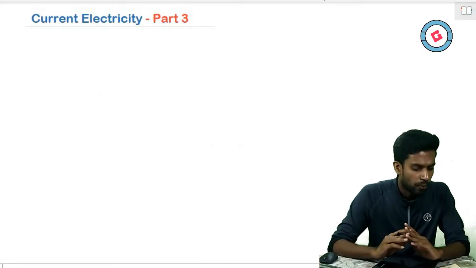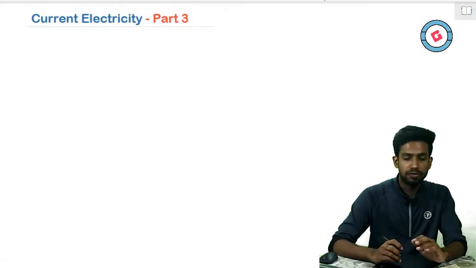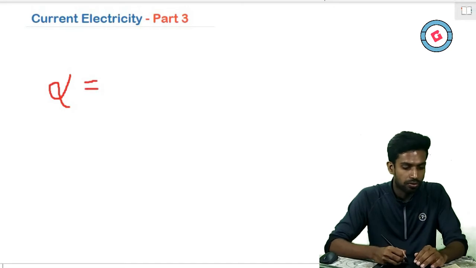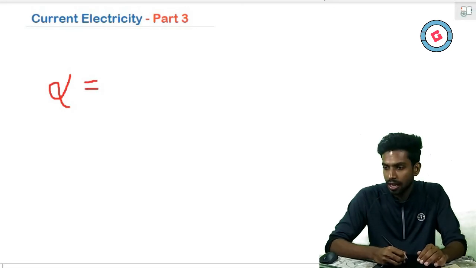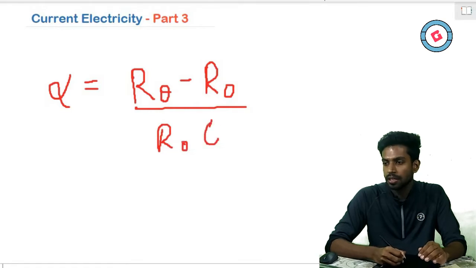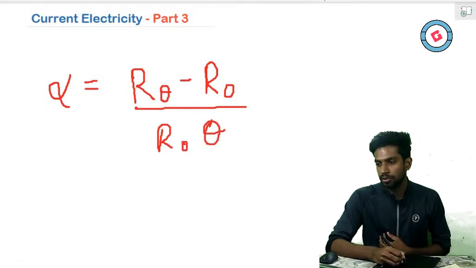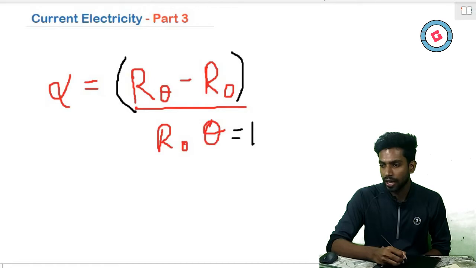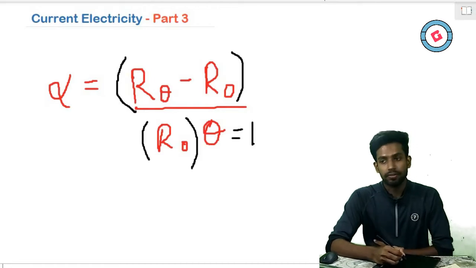Next, we are going to make a definition for alpha. If we write alpha from the above equation for resistance, it becomes (R theta minus R naught) divided by (R naught times theta). So if we put theta as 1, then the ratio between (R theta minus R naught) and R naught will be alpha.